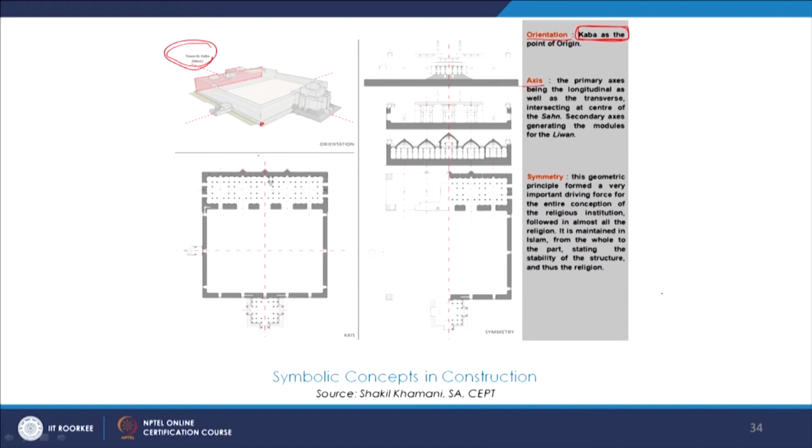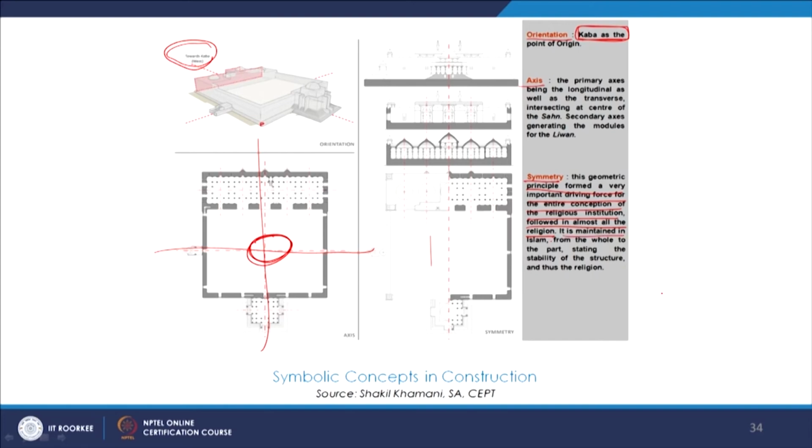Then there is axis. So we see these two axes which are intersecting at the ablution, the sun over here. We see symmetry. So we see symmetry over here in the building. So this geometric principle formed a very important driving force for the entire conception of the religious institution, followed in almost all the religions.